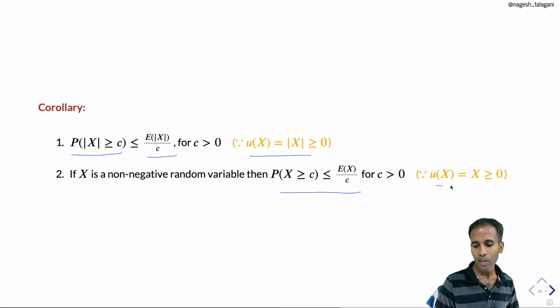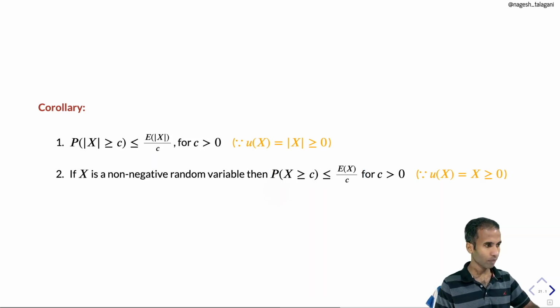Here our choice of u(x) is x itself, which is a non-negative function of x. So it follows from Markov's inequality that the probability of x greater than or equal to c is less than or equal to the expectation of u(x) divided by c. These are the two statements we can immediately see from Markov's inequality.